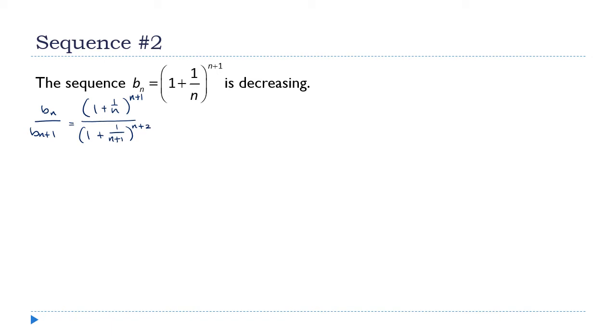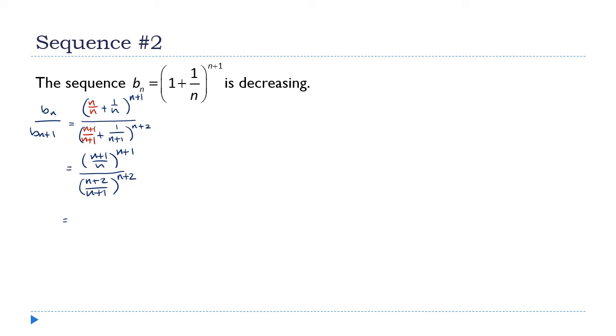All right, common denominator, right? I'm going to add these things together. Let's make these 1s into n over n and n plus 1 over n plus 1. So now I can add these things together. So this is ((n plus 1) over n) to the n plus 1 over ((n plus 2) over (n plus 1)) to the n plus 2.